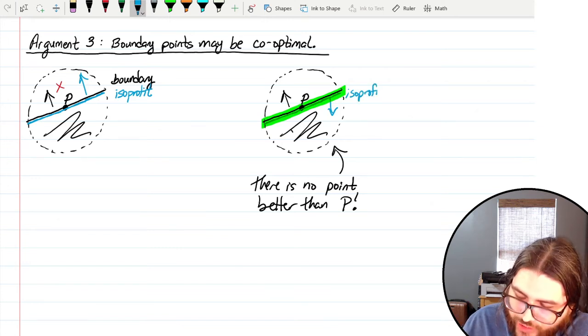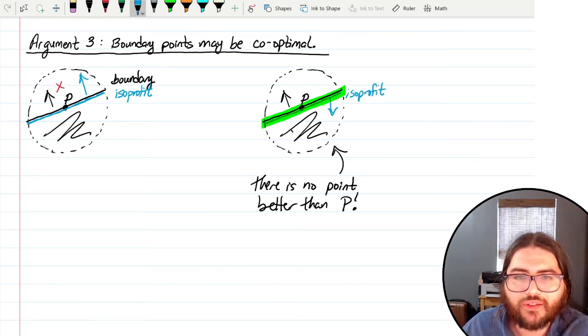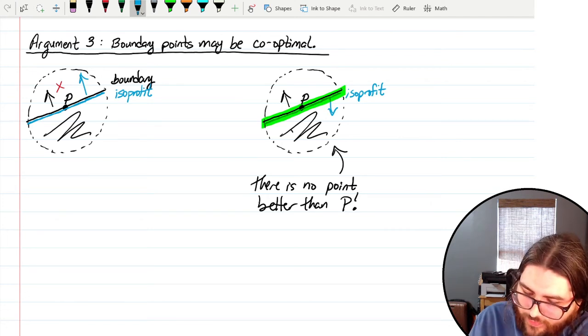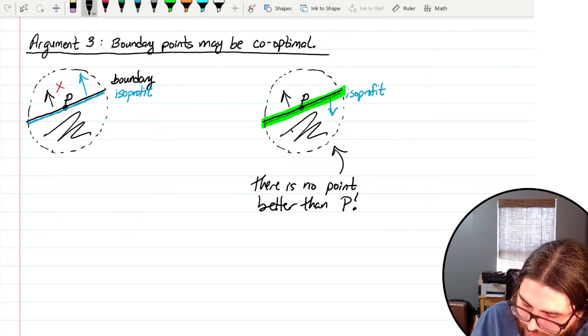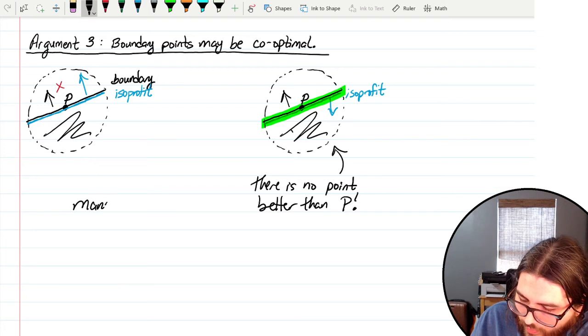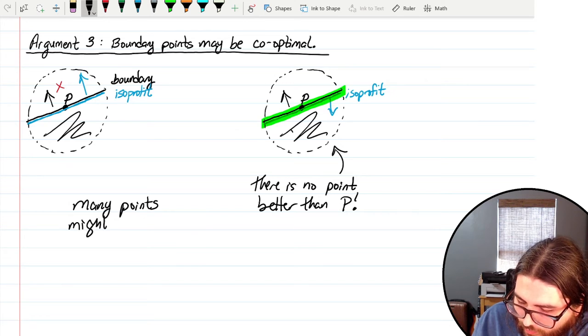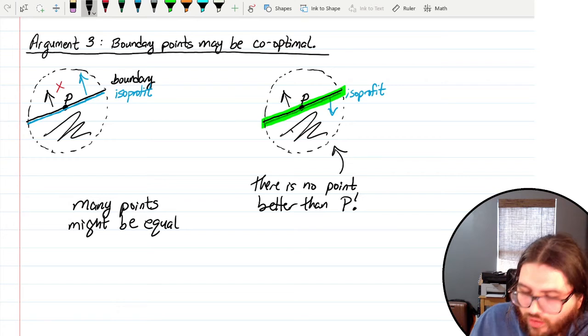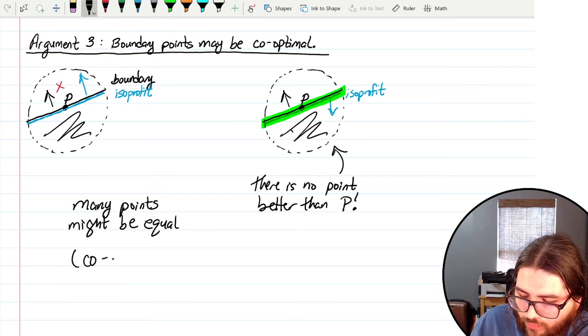Because the highlighter changes the colors, I need to write that back in there. Many points on this isoprofit line might be equal, and I will call them co-optimal.